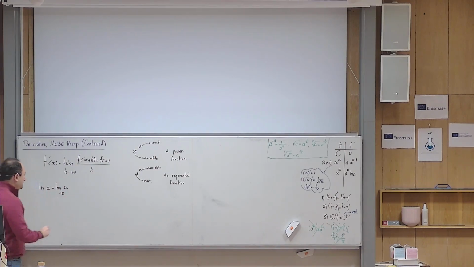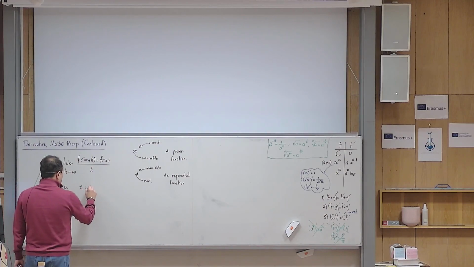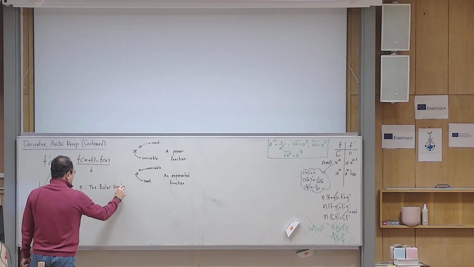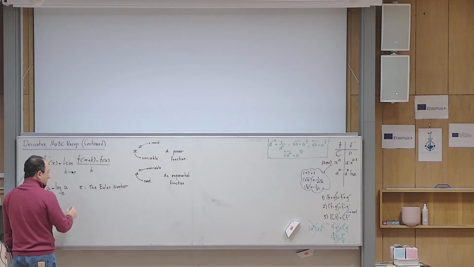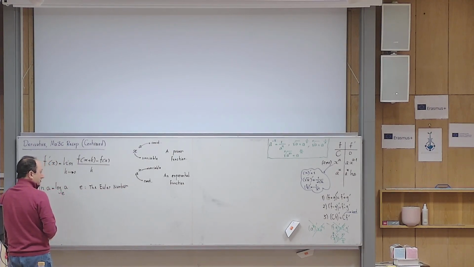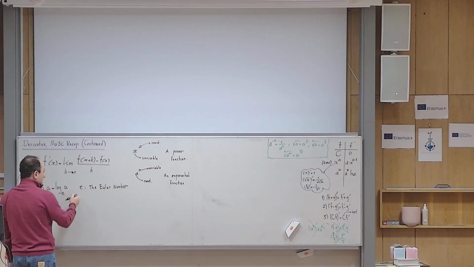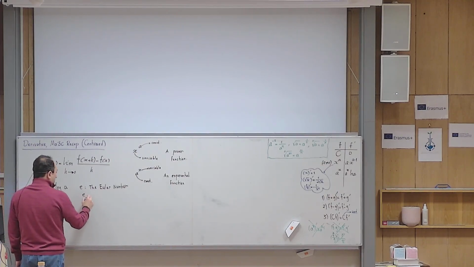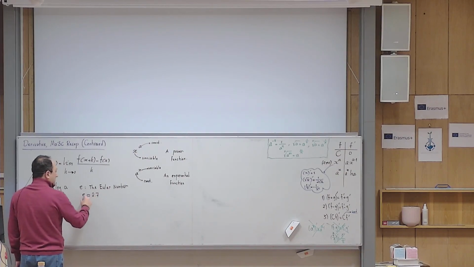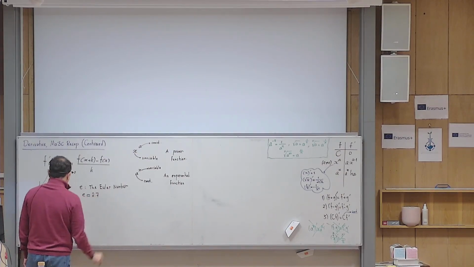And e is the Euler number, yes? Which is also an irrational number. It's one of the, so this and pi together are very fundamental constants in mathematics. So e is approximately 2.7, but it is also an irrational number, so it continues forever.